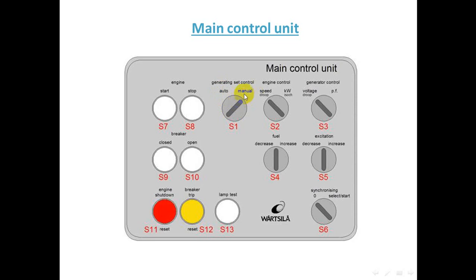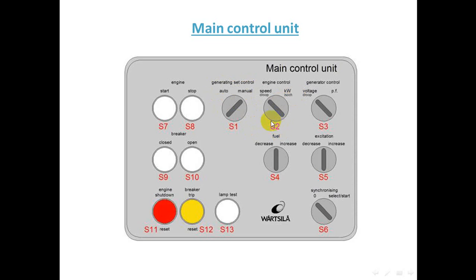If you want to make any adjustment, you must select manual. So S1 is the genset control mode, auto or manual.